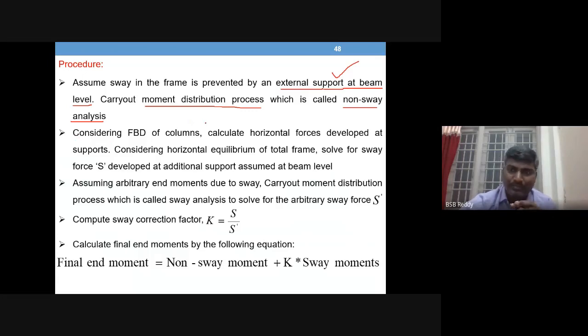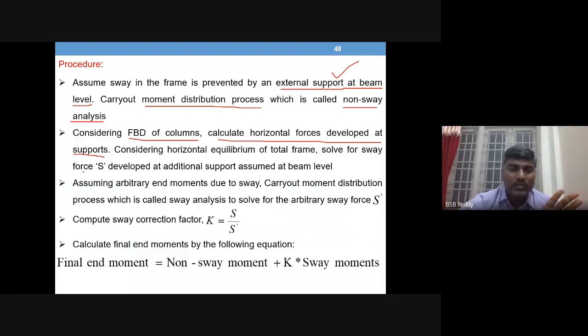Next what? After the analysis, that's non-sway analysis, consider FBD of columns. Okay, you mean take free body diagrams of columns only. Calculate horizontal forces developed at supports, considering horizontal equilibrium of total frame.